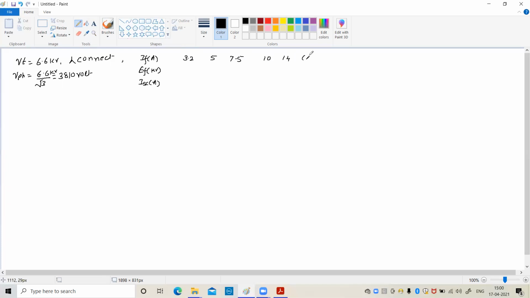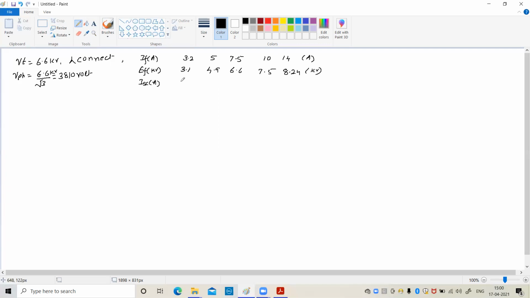This is the DC excitation current. Corresponding to this, the voltages are 3.1 kV, 4.9 kV and 6.6 kV. Now this is the rated voltage, but for drawing a proper OCC, we are increasing the excitation beyond the rated voltage. So it is 7.5 kV and 8.24 kV. This is line to line voltage, in kV.